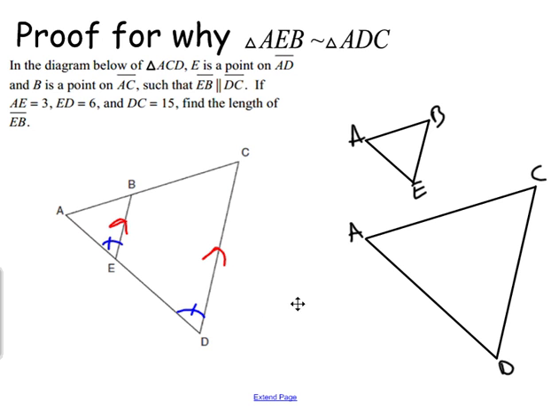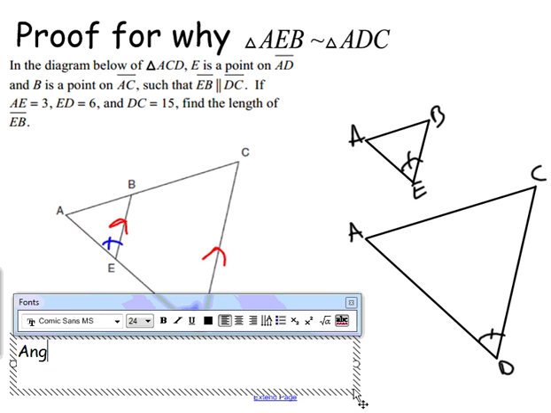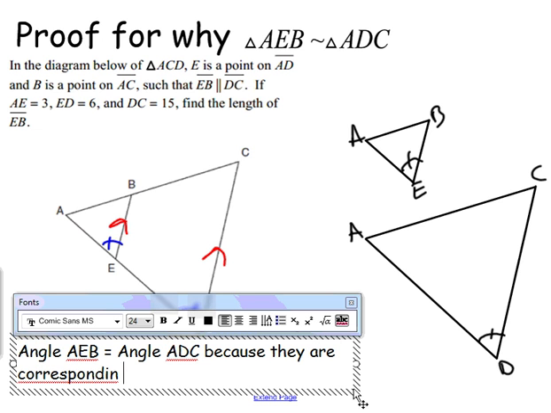So far, I know that angle E here is equal to angle D here, because they are corresponding angles. So I'm going to write that: angle AEB is congruent to angle ADC, because they are corresponding since EB is parallel to DC.